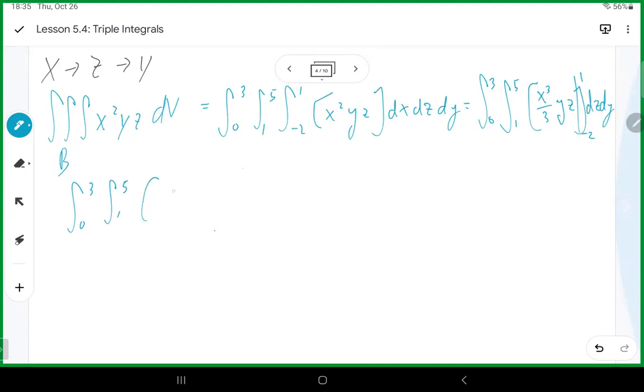And then you get 3 y z dz dy, and 0 to 3, 3 y squared over 2.